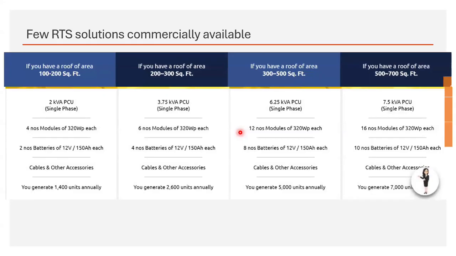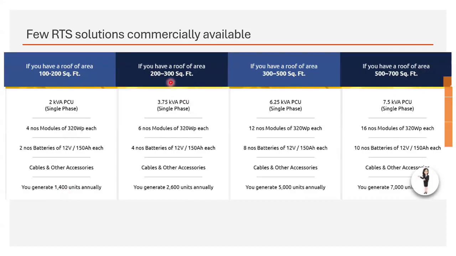Now coming to a few of the commercially available and commercially viable RTS solutions, which I have taken from the Tata Power website. If you have a rooftop area of 100 to 200 square feet, normally a 2 kVA single phase system can give the best yield. With this, you will require two 12 volt 150 ampere hour batteries and four 320 watt peak modules. With this, you will be able to generate 1400 units of electricity annually.